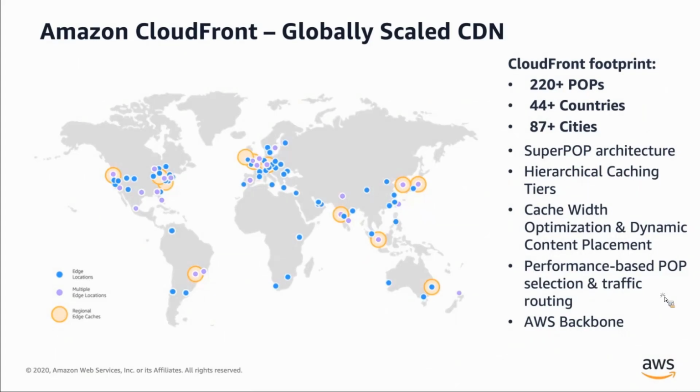And lastly, that's all backed up by the AWS network backbone, which interconnects all our edge POPs back to AWS regional infrastructure. So you get really high performance, high reliability, and large throughput back to services that are running in the AWS infrastructure.